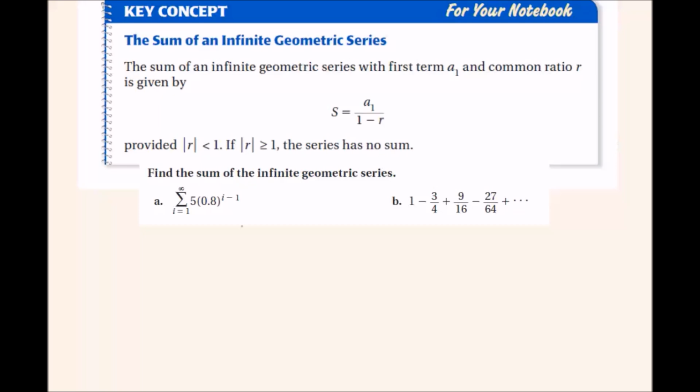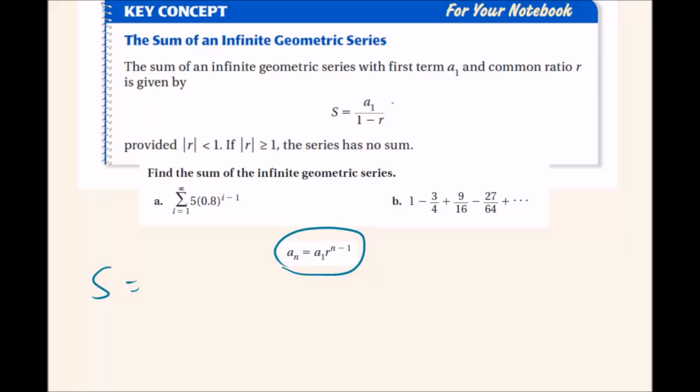Find the sum of the infinite geometric series. And as you remember from 12.3, this is the formula for a geometric series. So looking at this, we're able to get the information from this chart. It says find the sum. We have S equals a1 divided by 1 minus r.